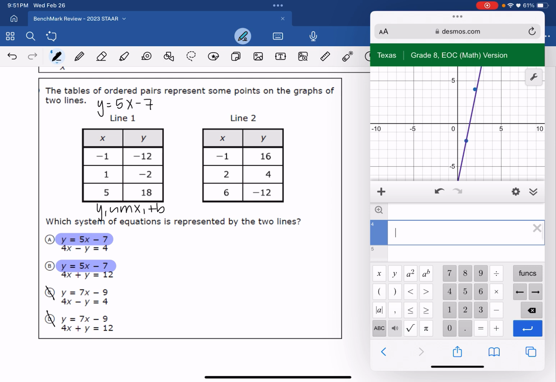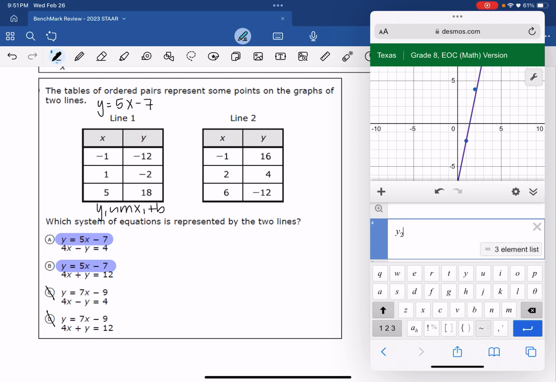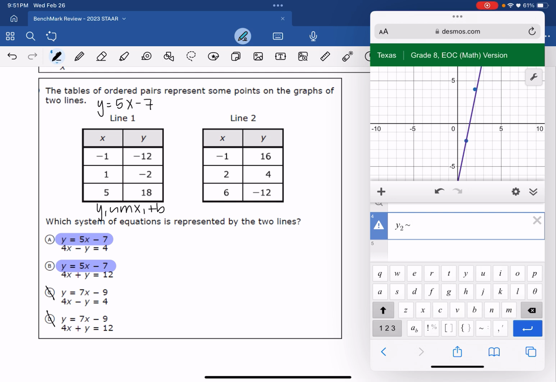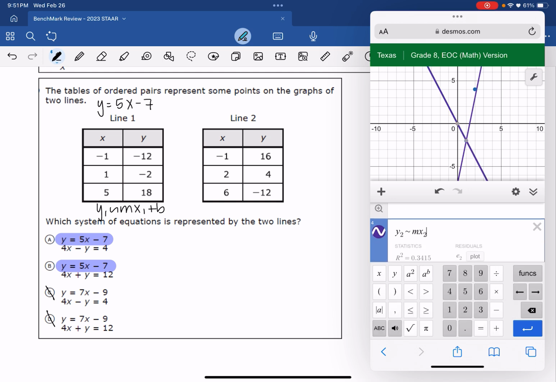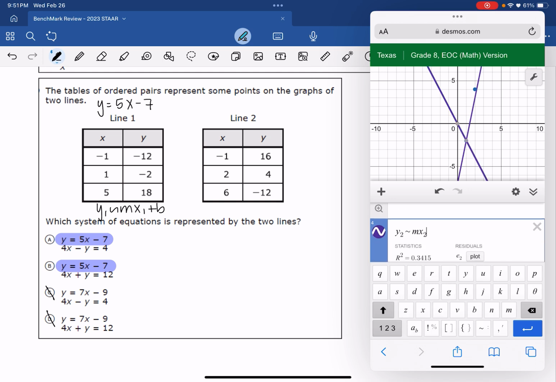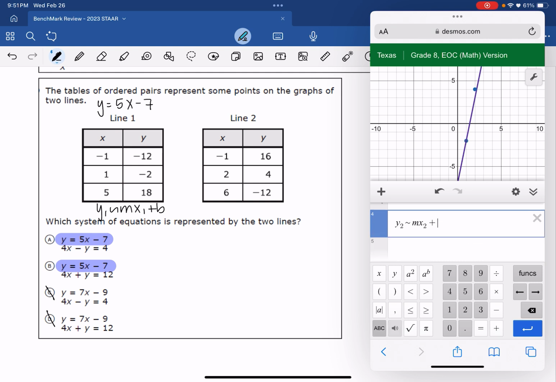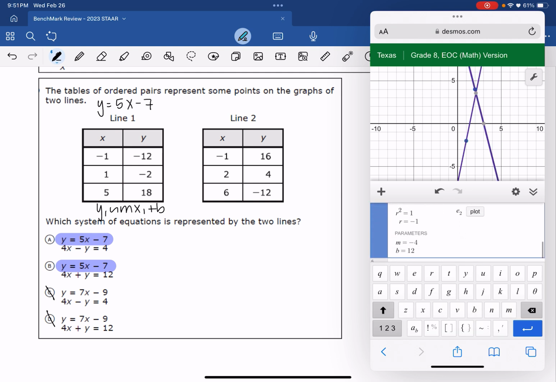But this time, because I have a second line going on, I'm going to do y2 squiggly line, mx2 plus b, because then it'll give me the slope and the y-intercept of line 2. Because I'm using the second table.